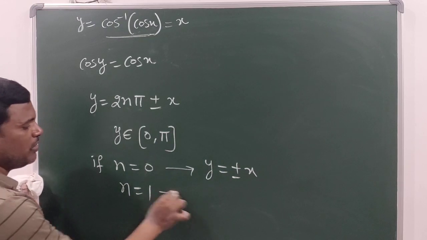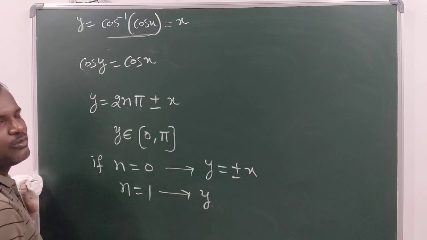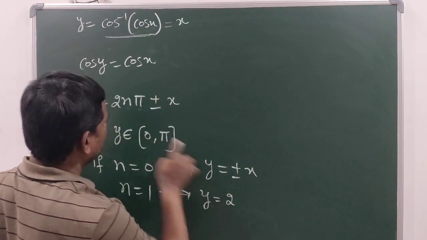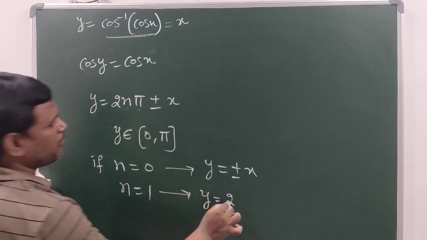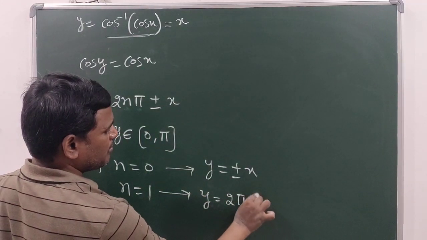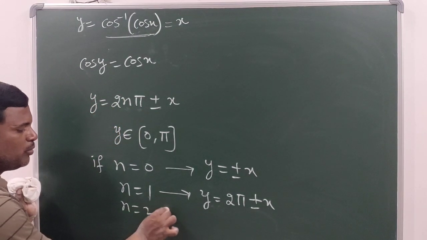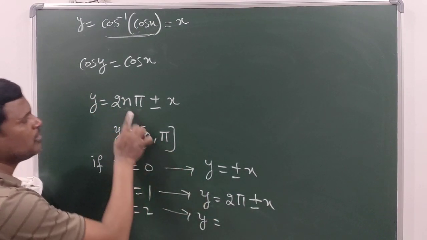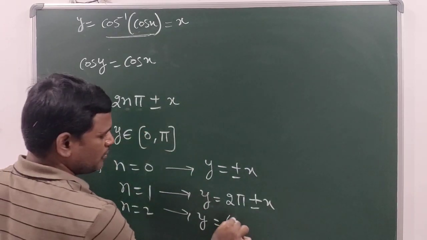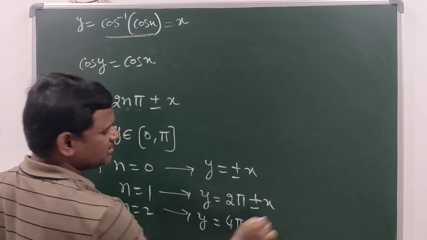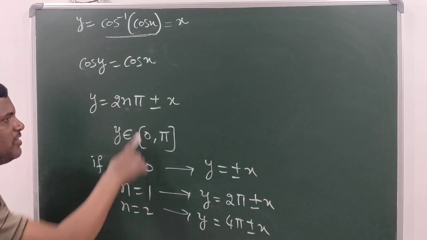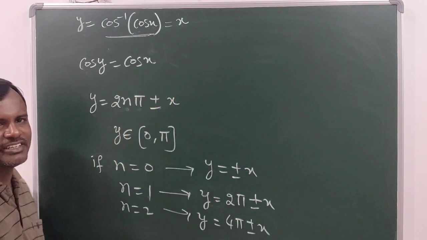When you write n equal to 1, the y value is 2 pi plus or minus x. Similarly, if you write n equal to 2, the y value is 4 pi plus or minus x, and so on, where n belongs to any integer.